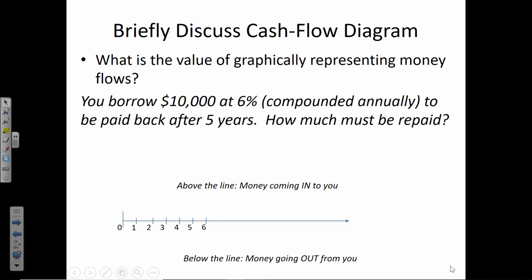All right, so this is the passage of time. Above the line, we're going to be drawing arrows that represent the money that comes to you, and below the line, it represents the money that's going out from you, assuming that you're summarizing your perspective. And remember, on the very first class day, we talked about the difference between rate of return and interest rate.